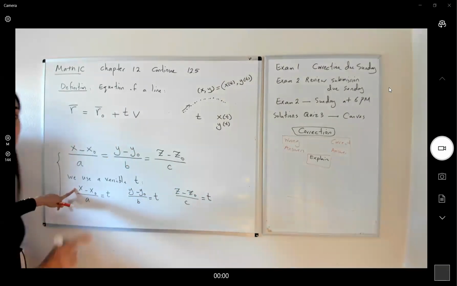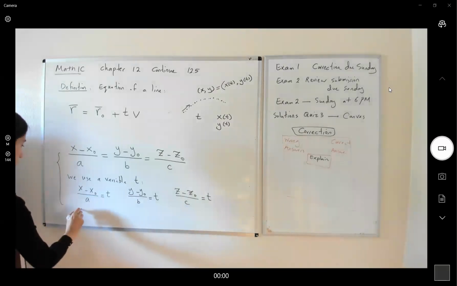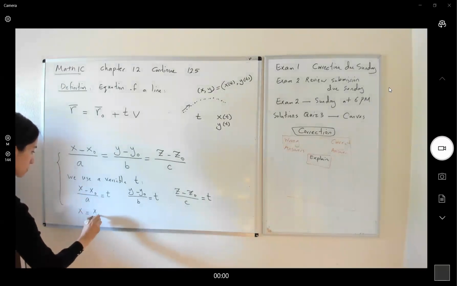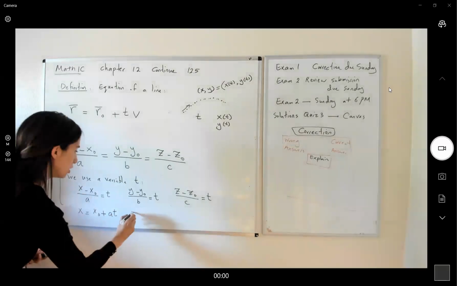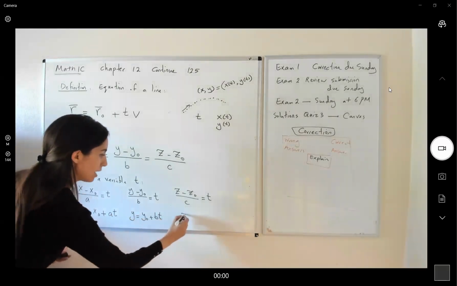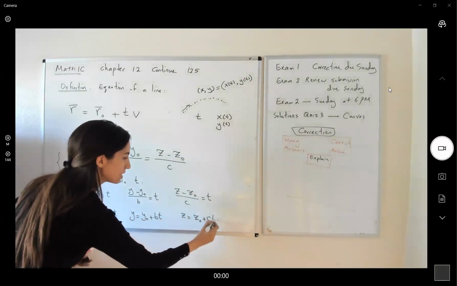So x, the first coordinate of your line, is equal to x sub 0 plus at. y is y sub 0 plus bt, and z is equal to z sub 0 plus ct.